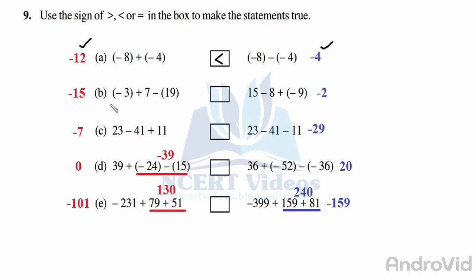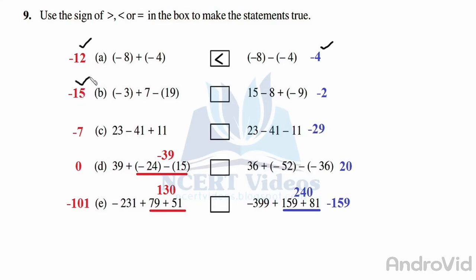Now here you can see minus 3. First just add negative terms. Minus 3 and minus 19. First add them. Sign will be negative and the answer will be minus 22. Minus 22 plus 7 is minus 15 because the negative sign was greater.